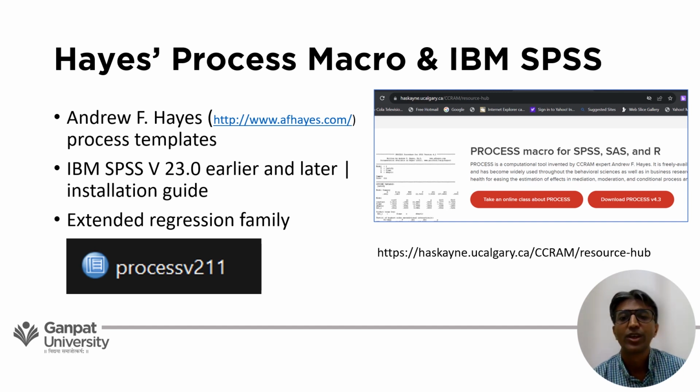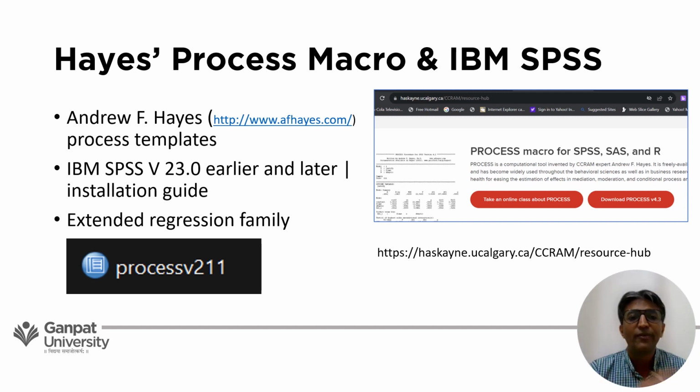You can go to this specific website, where you have this window from which you can easily download process version 4.3. When you click on download and the files get downloaded, it would come in this way, either process version 2.11, or in this case process version 4.3.